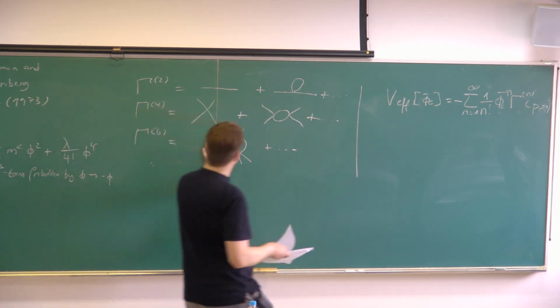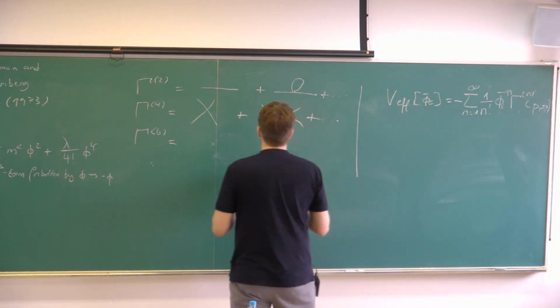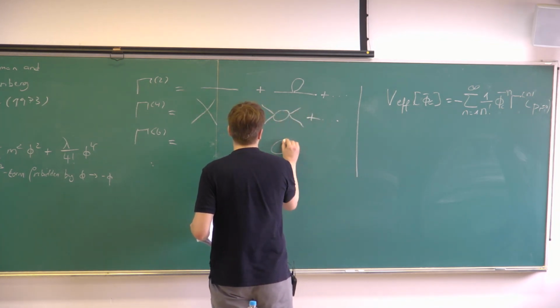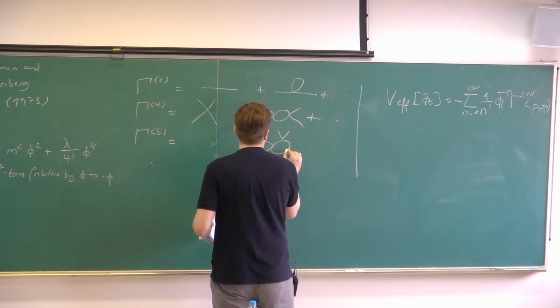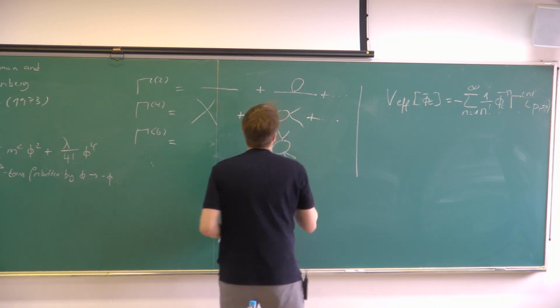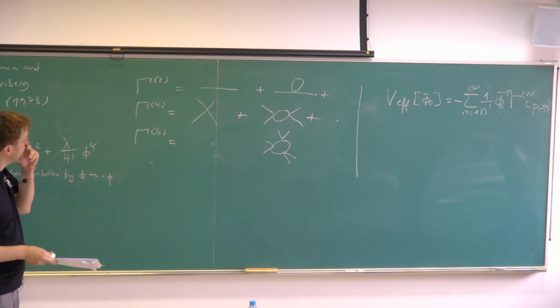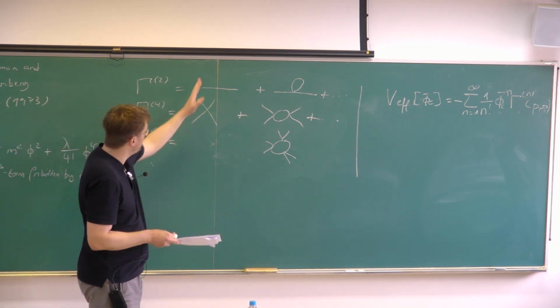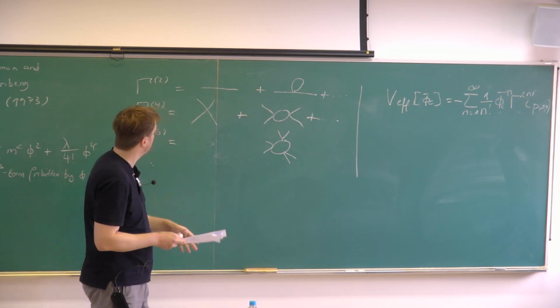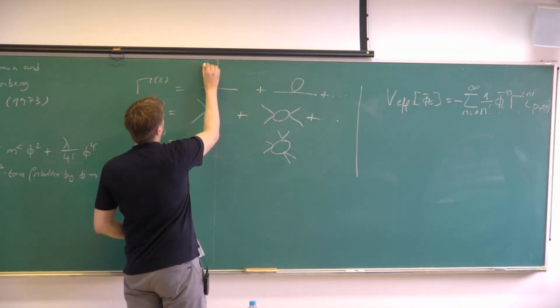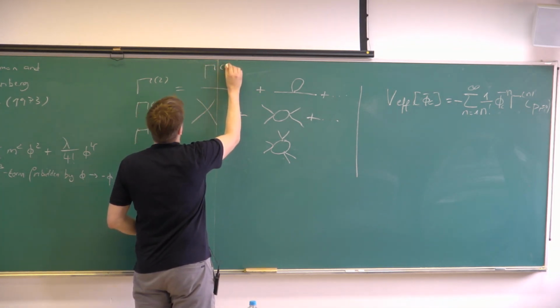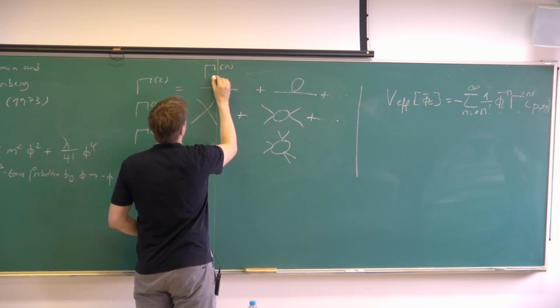Actually, sorry, let me draw this here. So I wanted to separate this. Okay, so let me just separate this into a tree level contribution, which I'll call gamma n0.